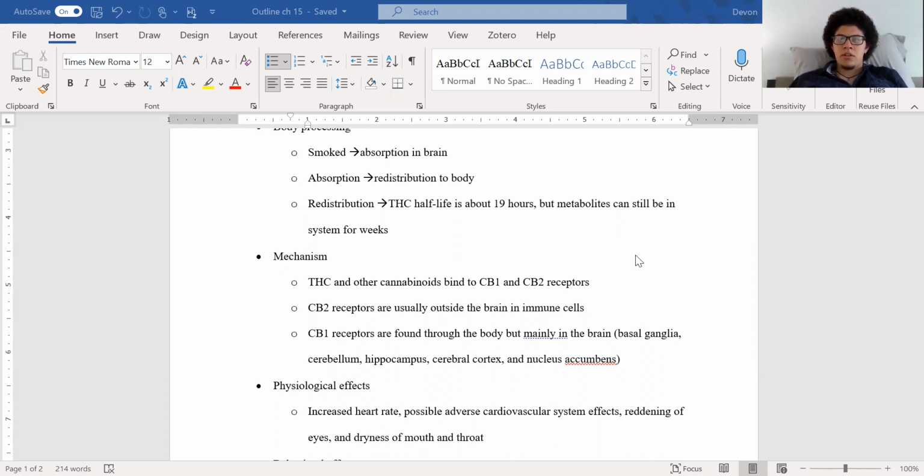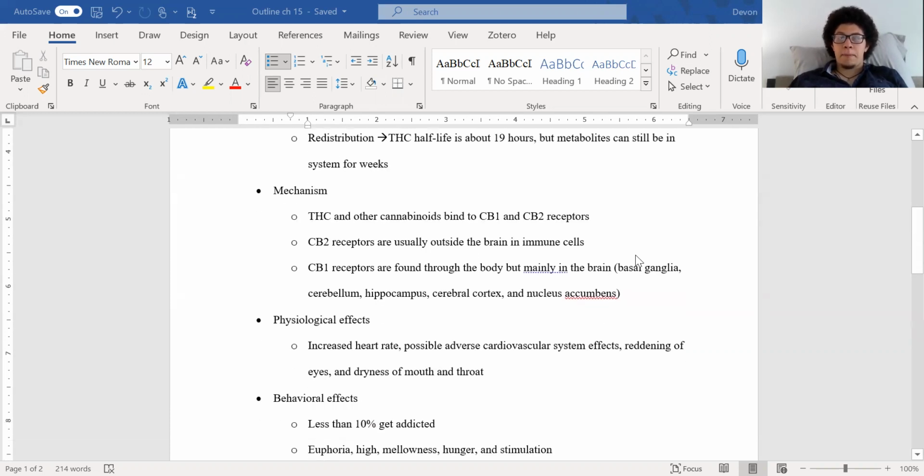Whereas CB1 are also found outside of the brain, but they're mainly inside the brain, like the basal ganglia, which is for motor coordination, cerebellum for balance, hippocampus for memory, cerebral cortex for thinking processes and more cognitive processes, and then the nucleus accumbens, which is for reward processing. So you feel rewarded in having it.